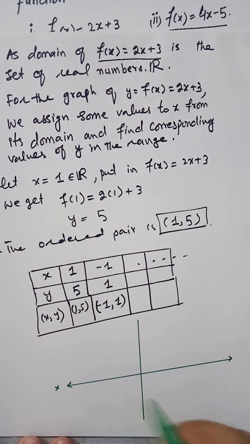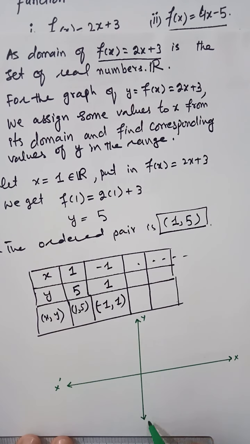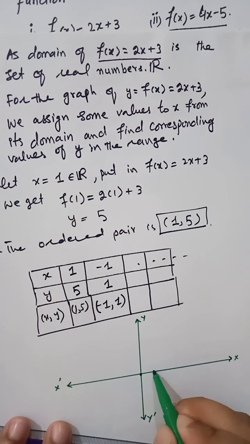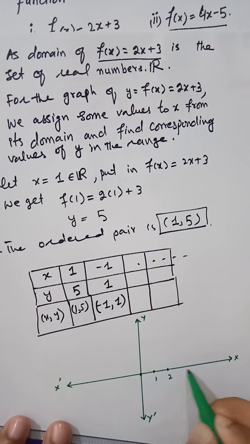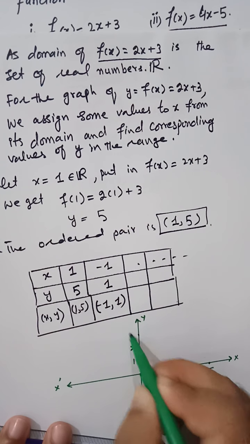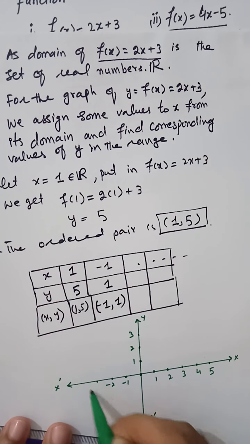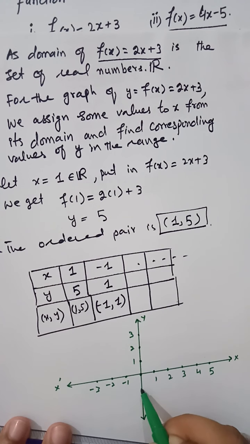This is my x-axis. This is my y-axis. This is the origin. Now let's say this is 1, let's say this is 2, 3, 4. You may choose any type of scale you want. 1, this is 2, let's say this is 3, this is -1, -2, -3, and here downward -1, -2, and so on.